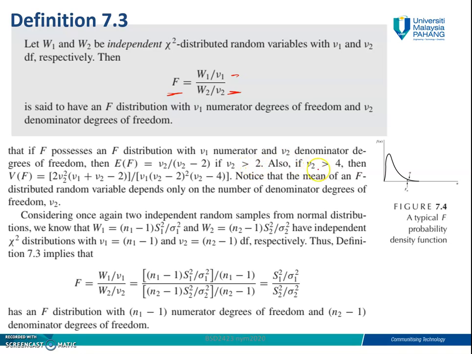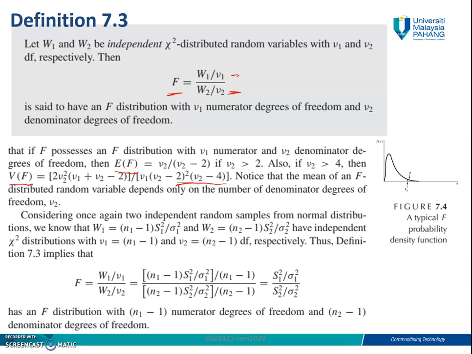Also, if nu2 is greater than 4, then the variance of F is given by this expression. These all come from previous theorem knowledge, but we use them when we have different equations like this. Notice that the mean of an F distributed random variable depends only on the denominator degrees of freedom nu2.